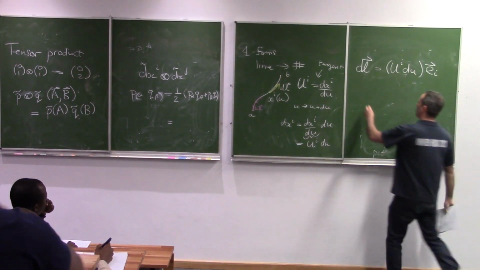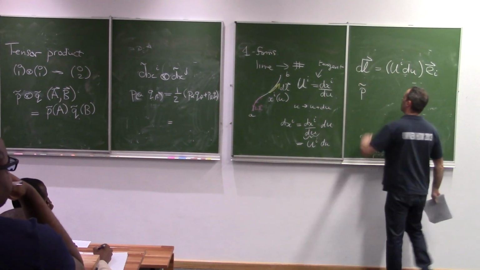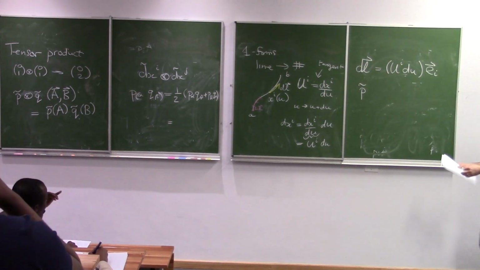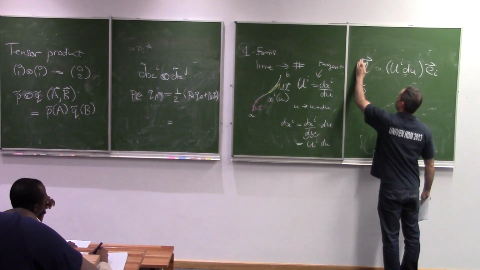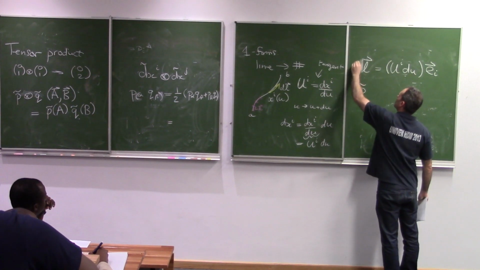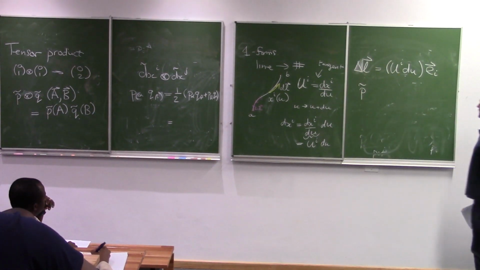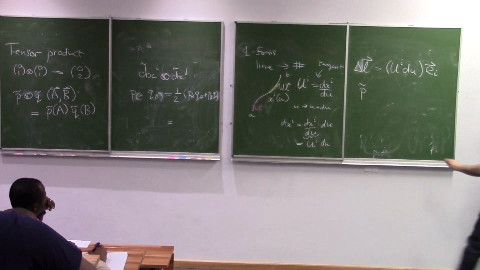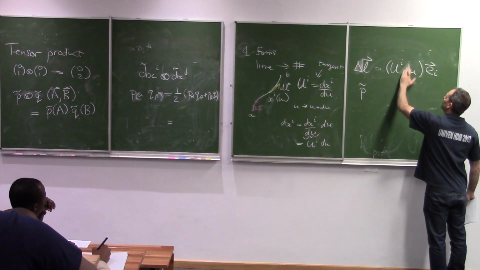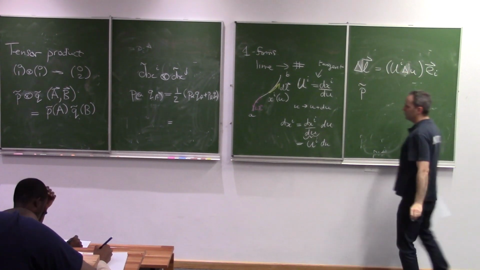So let's say I've got a one form P, and let me consider a finite, non-infinitesimal displacement, so delta L, and then this is going to be delta u.